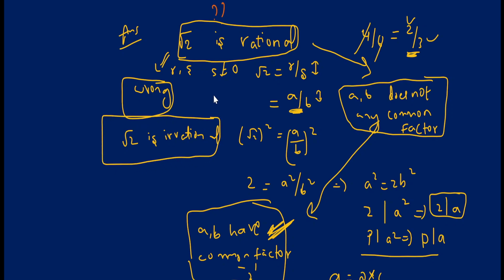This is a classic proof by contradiction that we have done. I hope you really understood what proof by contradiction is. We assume something is not true and we hit a contradiction, so something must be true.